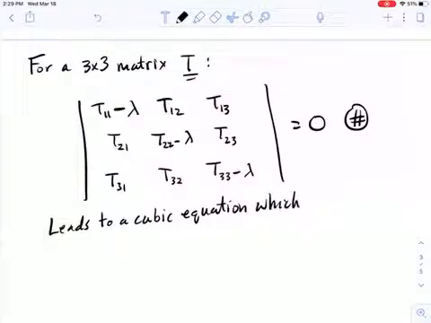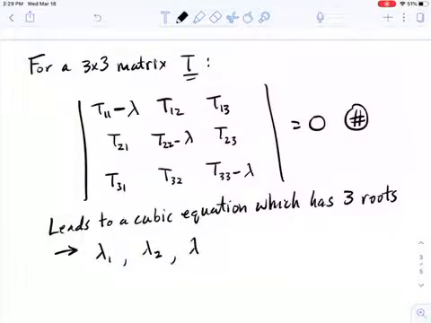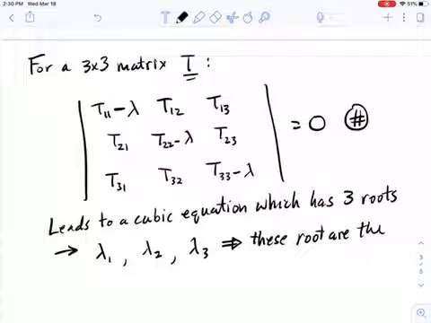Which has 3 roots. These 3 roots we're going to call lambda 1, lambda 2, and lambda 3, and these are the eigenvalues. These roots are the eigenvalues.